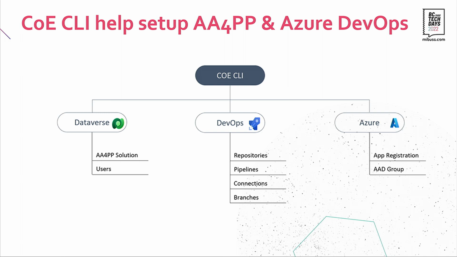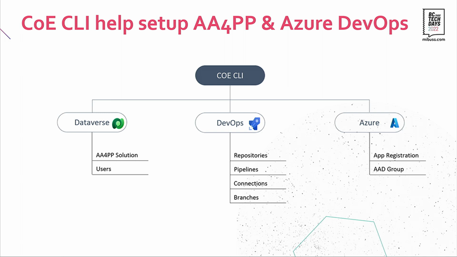Furthermore, it imports a user which is used by Azure DevOps, because there is the automation. And this automation also needs a repository where we can keep the source code of Canvas apps, Power Automate flows, Dataverse tables, and so on.